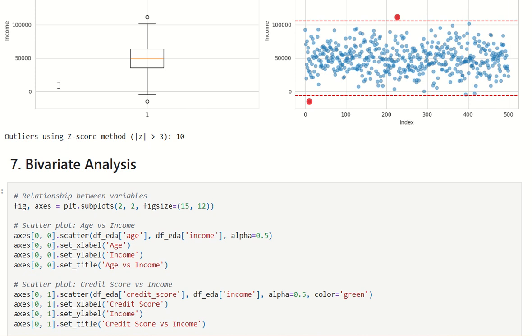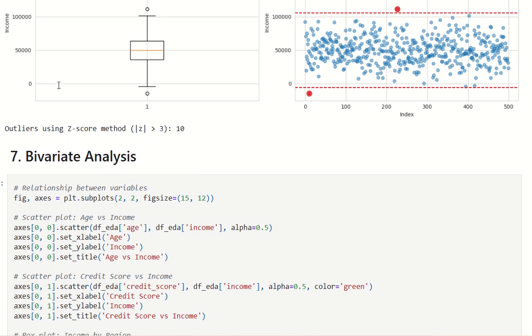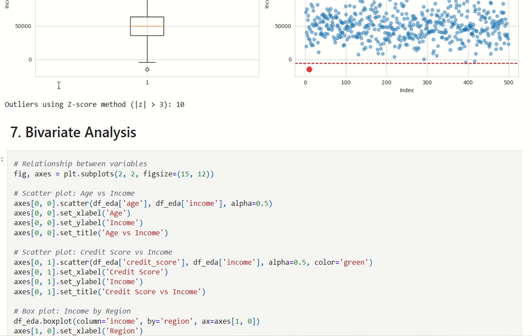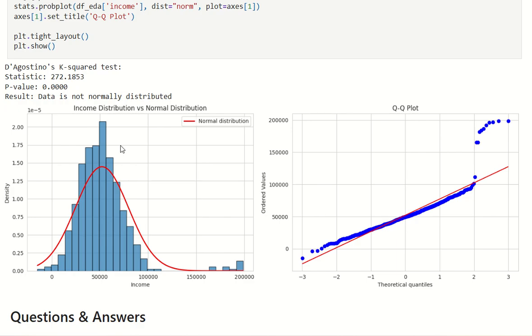Concrete examples I would speak to in a sample dataset I created. Income showed right skew and several high value outliers.